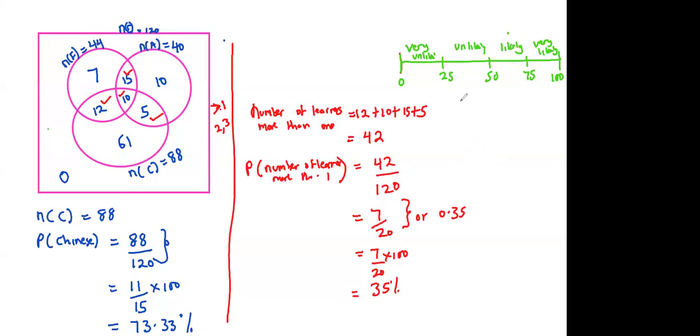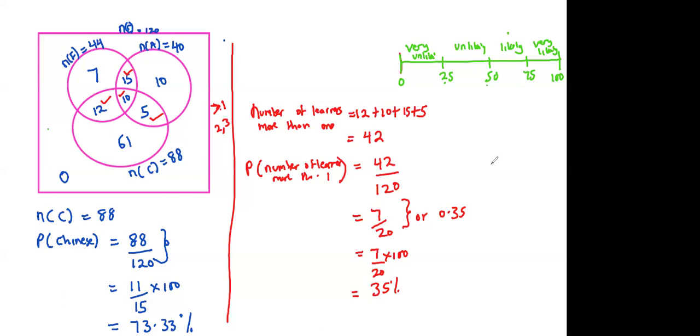Now, Daniela, where does 35% lie? It lies in unlikely, so it is between 25 and 50. So how would you conclude?